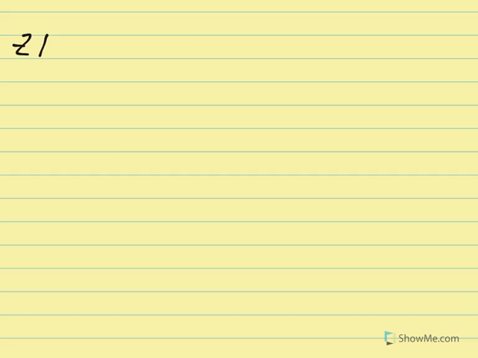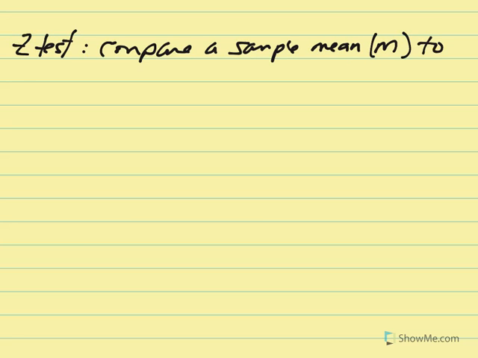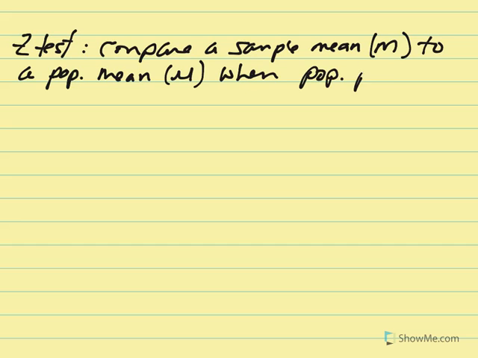Our z-test, right? We conducted a z-test, and that simply is the process when we compare a sample mean, M, to a population mean, mu, when population parameters are known.